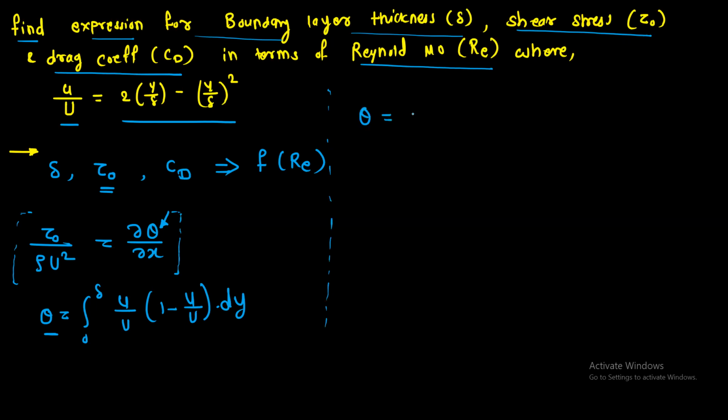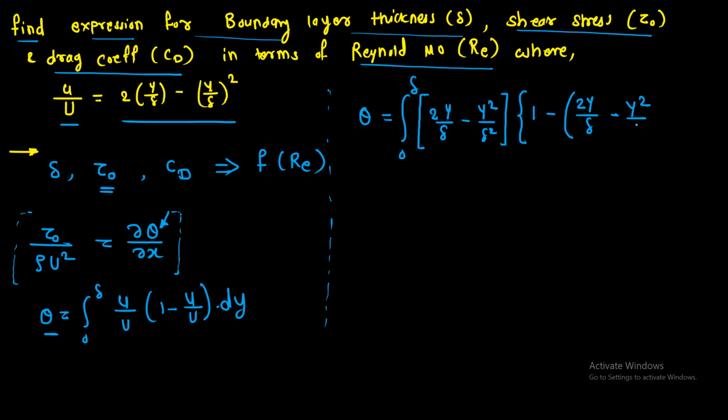So theta is equal to integration 0 to delta. Now put the value of u by U from this equation. So 2y upon delta minus y square upon delta square into 1 minus, this u by U means, again put this value, 2y upon delta minus y square upon delta square.